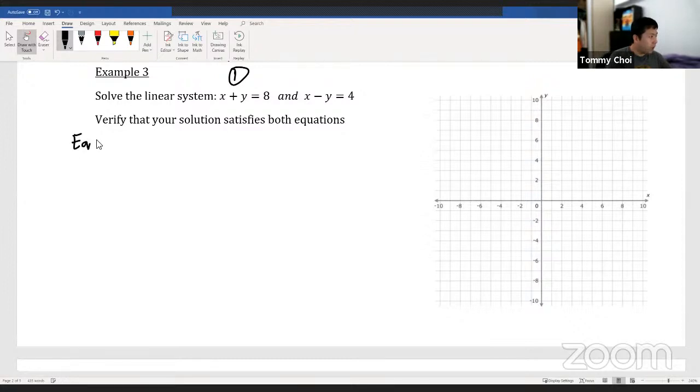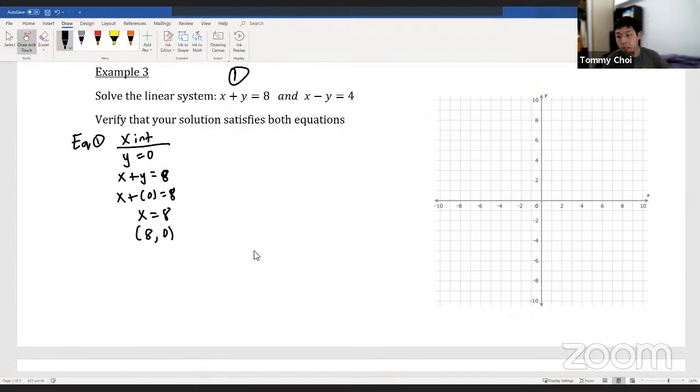So for equation 1, for the x-intercept, we can say that y equals 0, and plugging it into my equation, x plus 0 equals 8, and so x equals 8, so my point is 8, comma 0. There's my x-intercept. For my y-intercept, same idea, except x equals 0, and we have the equation x plus y equals 8, 0 plus y equals 8, so y equals 8. Pretty simple.